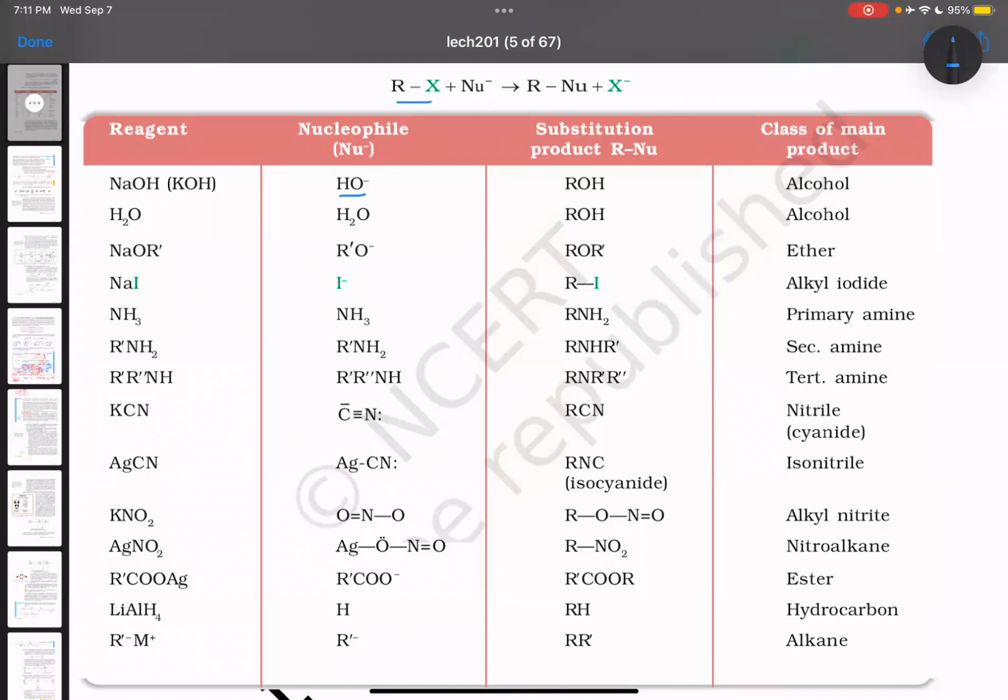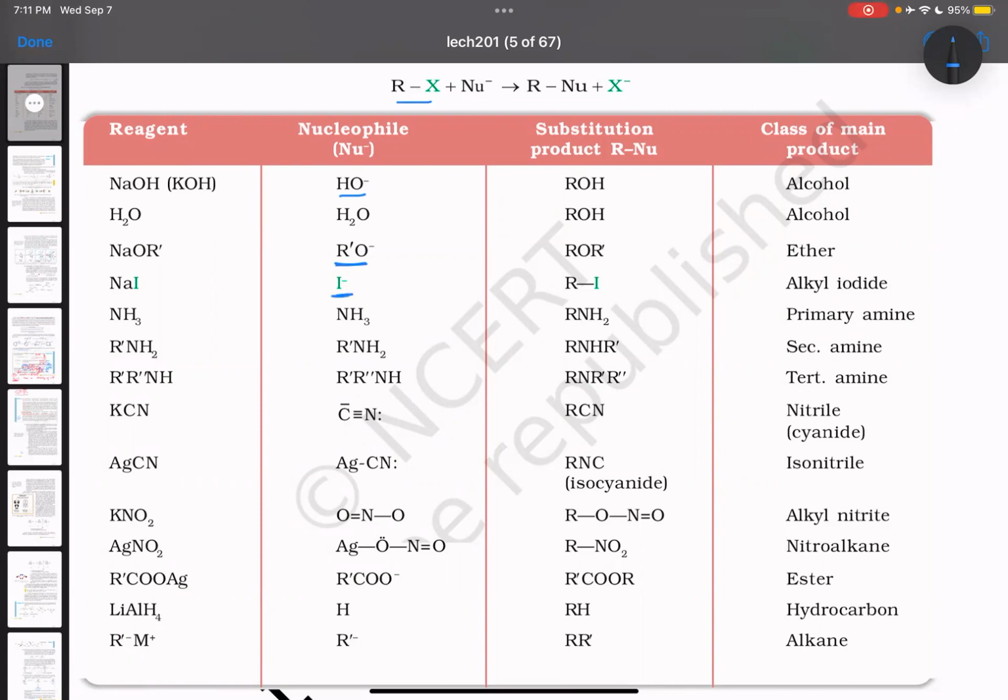So if you have OH minus, you get ROH. If you react with water, the nucleophile is also water, so ROH will form. If you react it with R' O minus, that is going to come and attack.